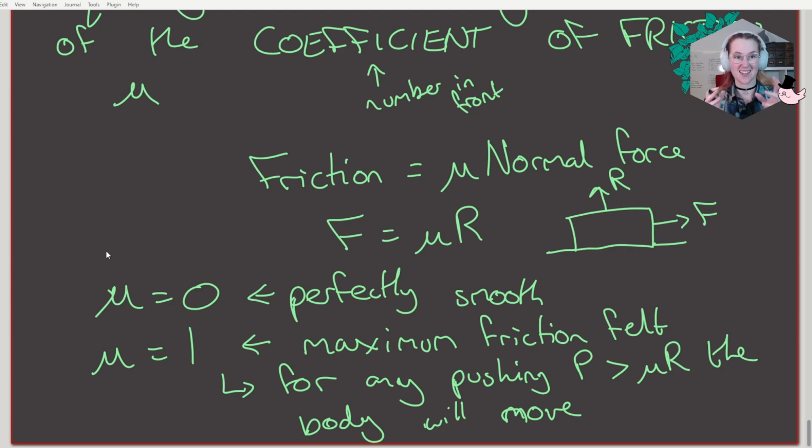I've maxed out how much friction can be felt, unless I start pushing downwards, which adds more normal force. It maxes out. So that gives us that 0 is less than or equal to mu, which is less than or equal to 1.